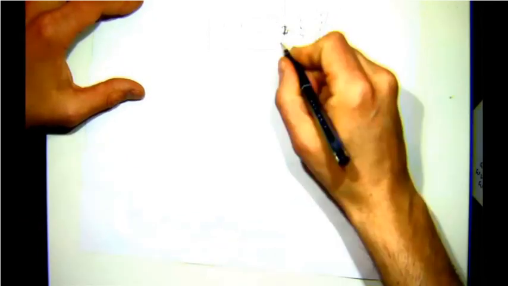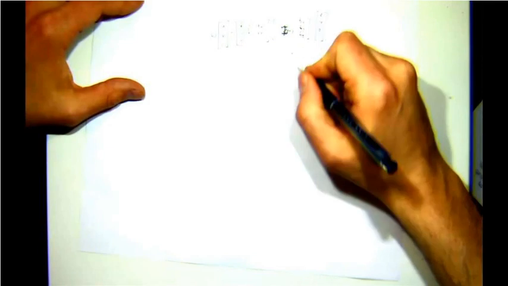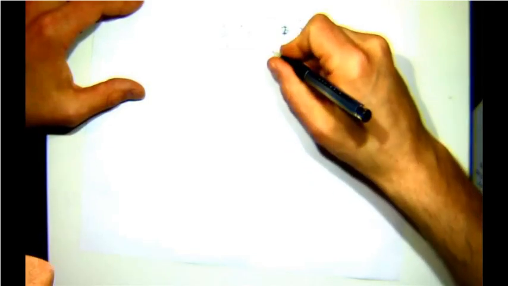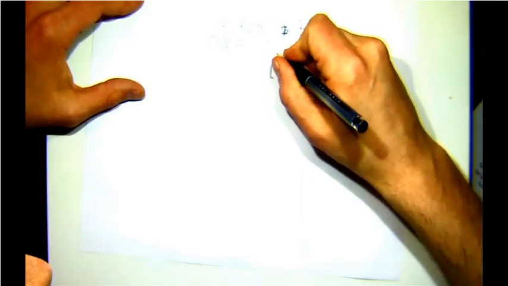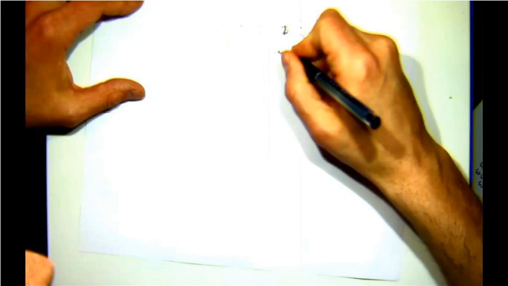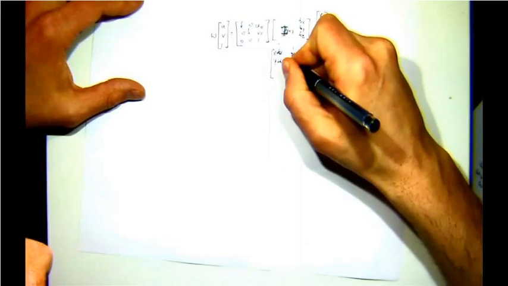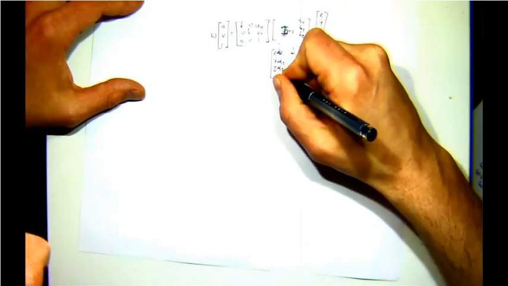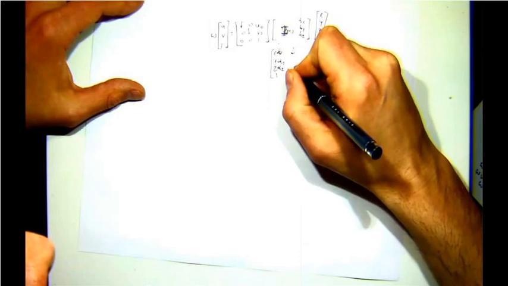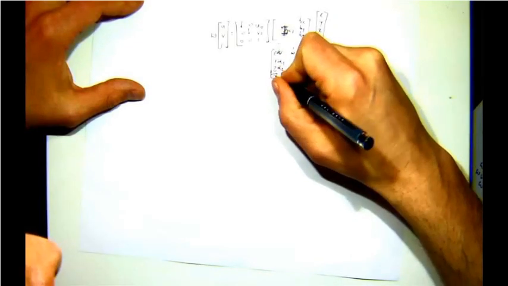So this part here will just give me x plus Tx, y plus Ty, z plus Tz. No 1 anymore.